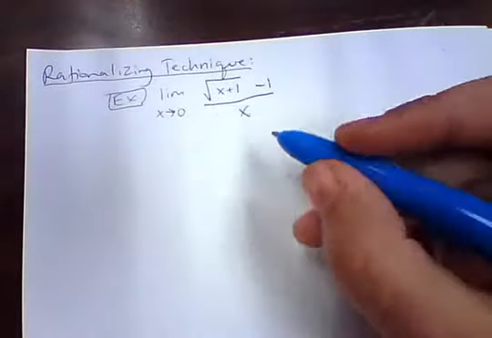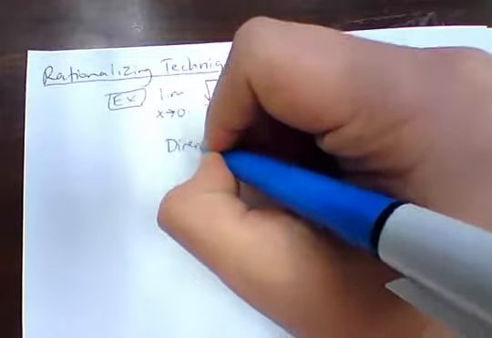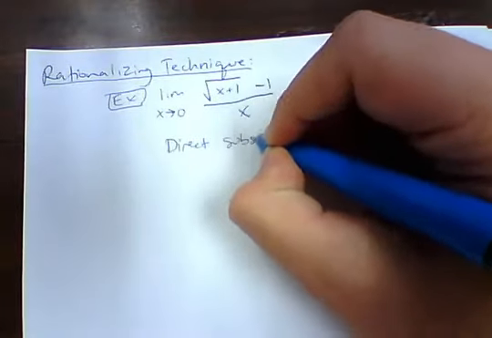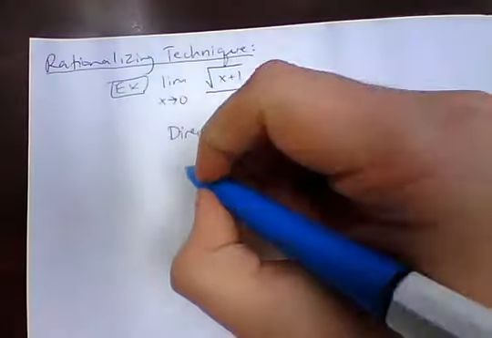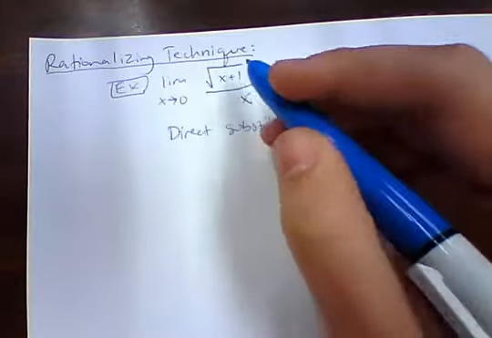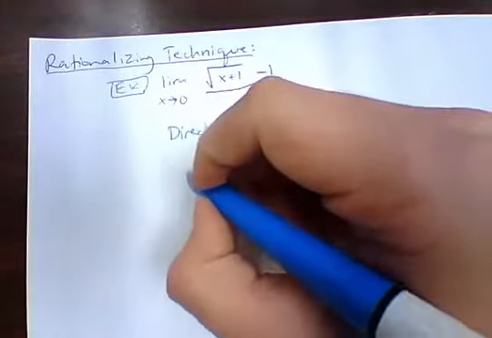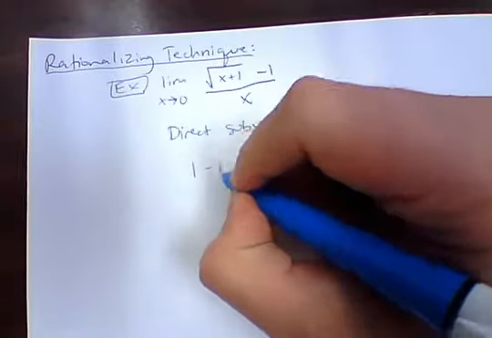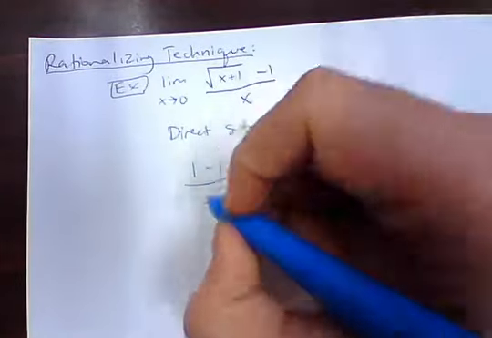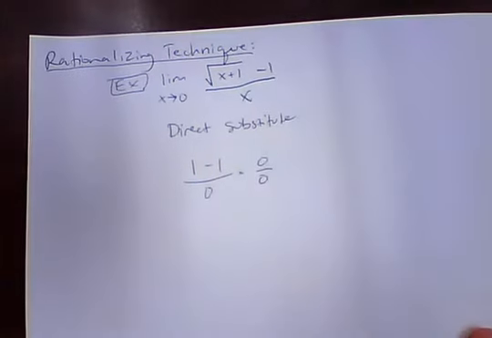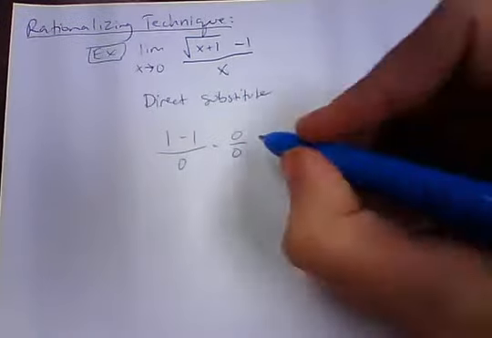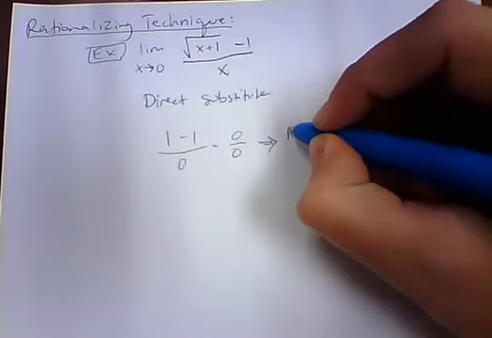If we direct substitute, we would get 0 plus 1 under the radical, or just the square root of 1, which would just be 1 minus 1 all over 0, which would be 0 over 0. And check it out. There's that indeterminate form again.